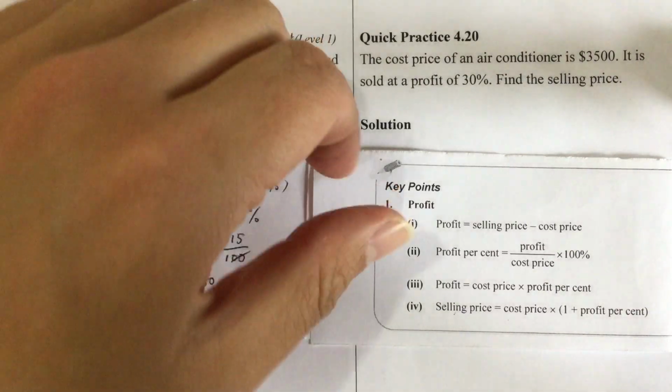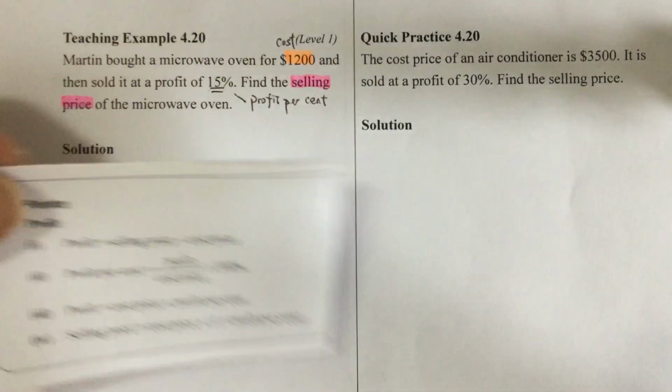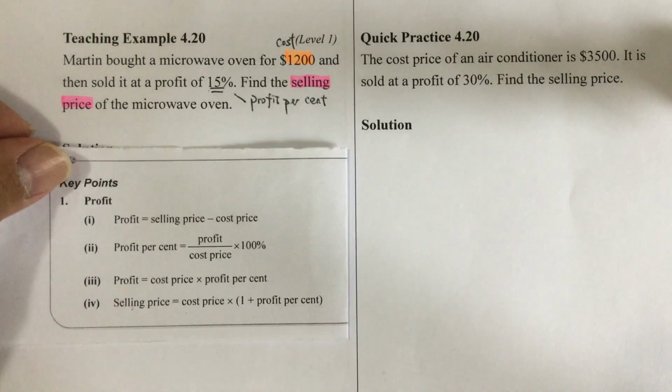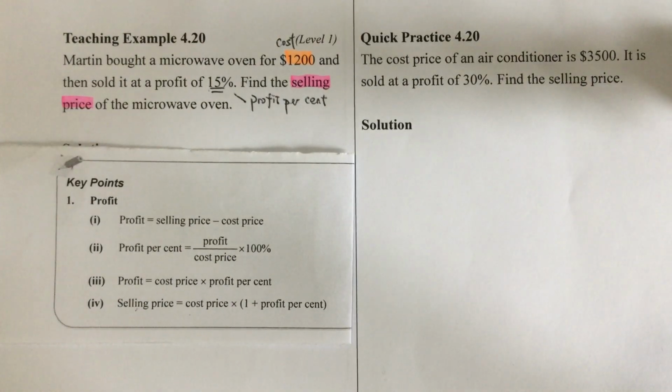Okay, now I will move the formula to the left hand side, and then you can use the formula to find out the answer for quick practice 4.20. Okay, now I will give you the hint.